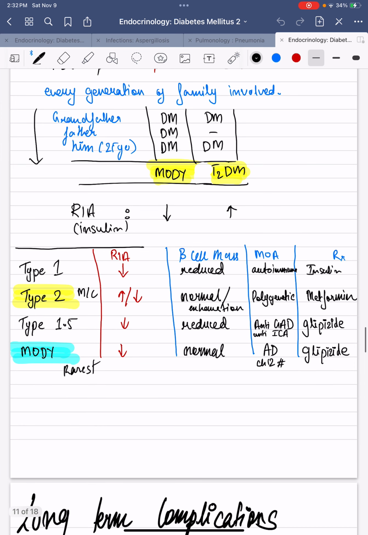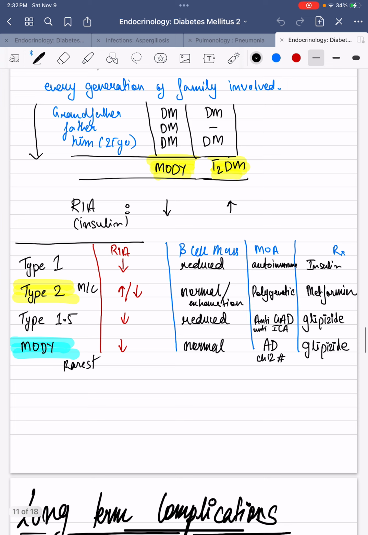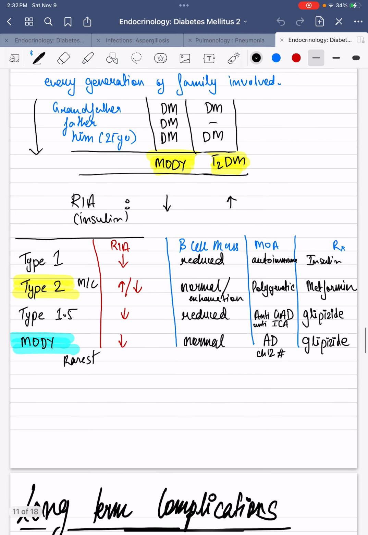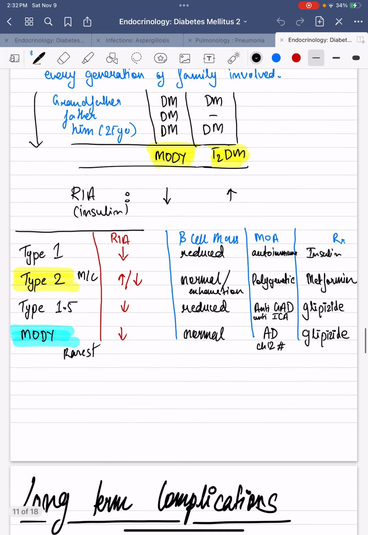In type 2 diabetes mellitus, you can see the grandfather has diabetes mellitus, but his son, the father, will not have it, but his grandson, or this patient, will have diabetes mellitus again. That is type 2 diabetes mellitus. But in MODY, all the generations of the family will have diabetes mellitus. So the grandfather, the father, and the grandson all will have diabetes mellitus.